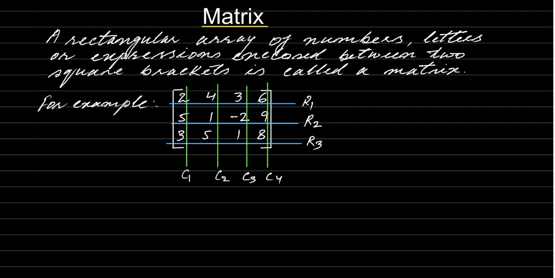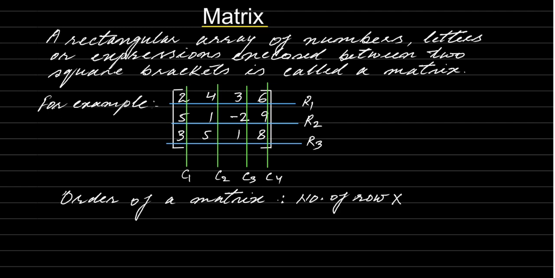Now, let's talk about order of a matrix. Number of rows times number of columns is called order of the matrix.